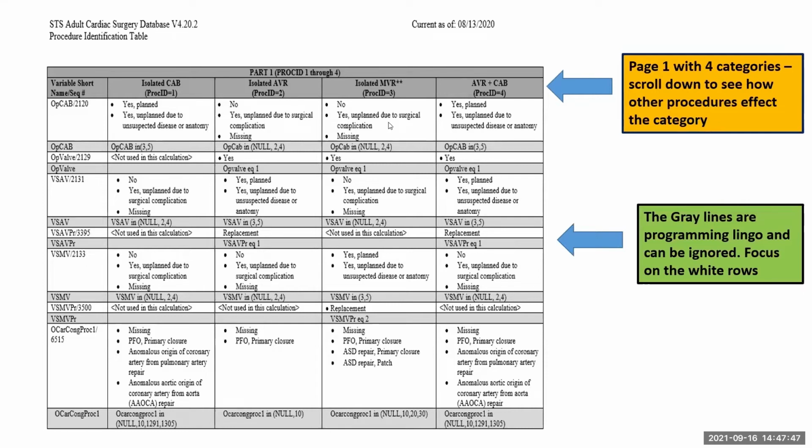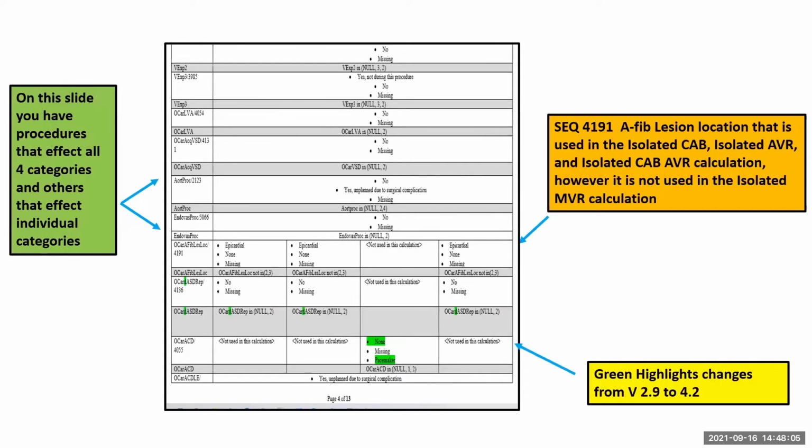So these gray lines here, that's like computer lingo. Just ignore it. You don't have to know what's in those gray lines. The only gray line that's important is that top one that tells you the variable name and what procedure you're looking at. So on this slide, you're going to see, for example, you have procedures that affect all 4 categories.